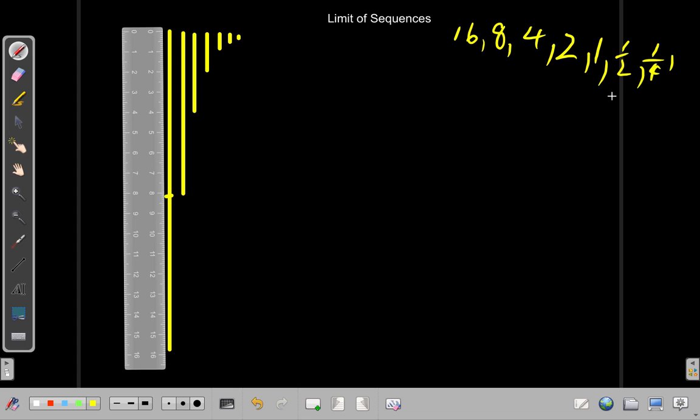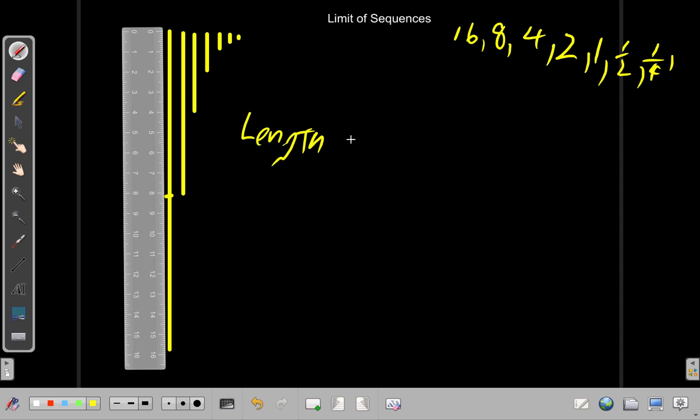You will reach a certain length. What would that length be? Let's look at what would happen. We started here with 16, then 8, then 4, 2, 1, and so on.